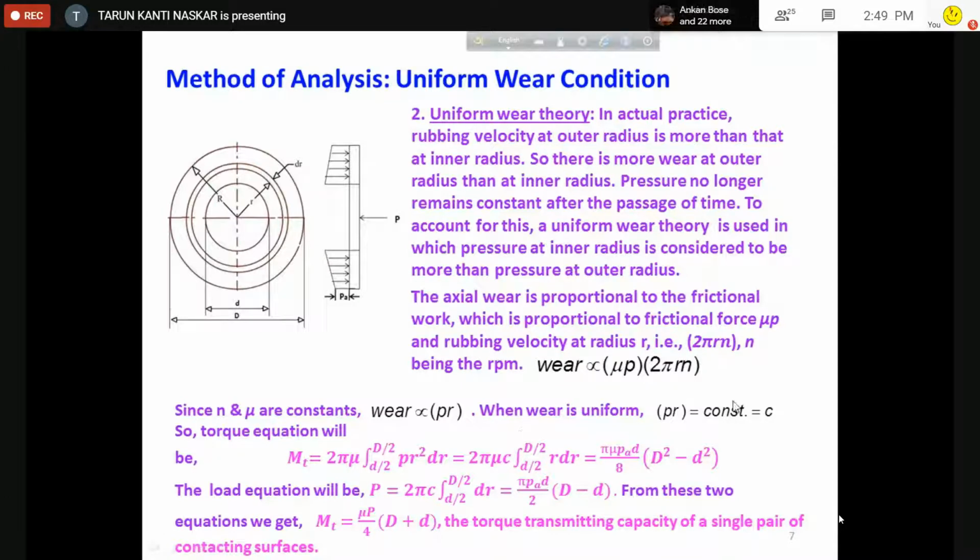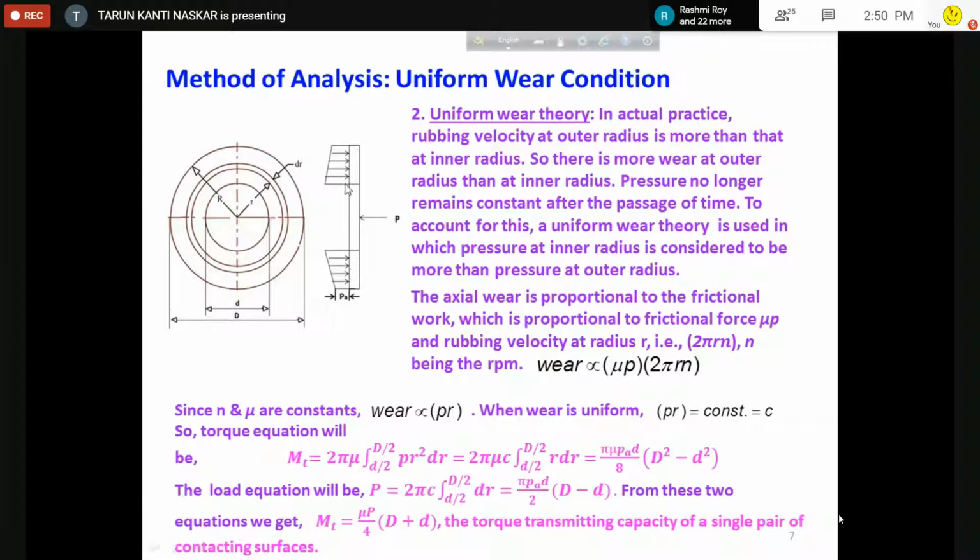So taking it as C, the torque equation will be Mt equals 2 pi mu p r squared dr, with the limit small d by 2 to capital D by 2. So we can use pr equal to C, the constant term. Taking out pr from here, it will be 2 pi mu C, then r dr. And from this, the equation will be capital D squared minus small d squared. Now what is this? This is Pa.